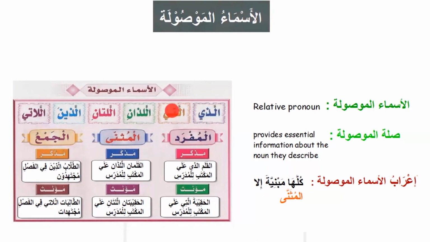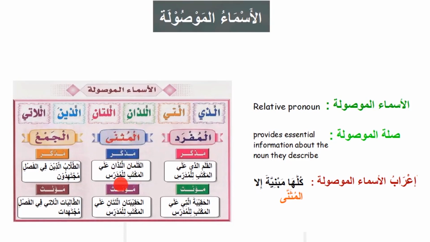Allazi and Allati are both used for singular, but Allazi is for masculine and Allati is for feminine. The same way, for musanna, dual: Allazani is used for musanna muzakkar, dual masculine, and Allatani is used for musanna mu'annath, dual feminine.